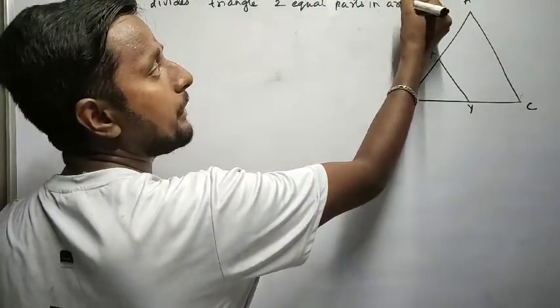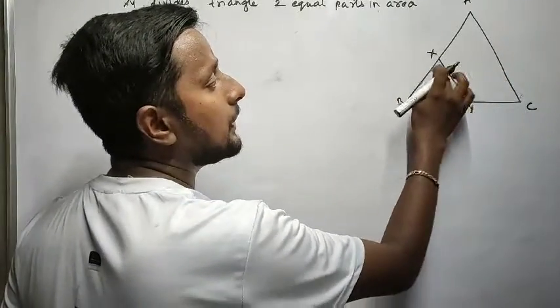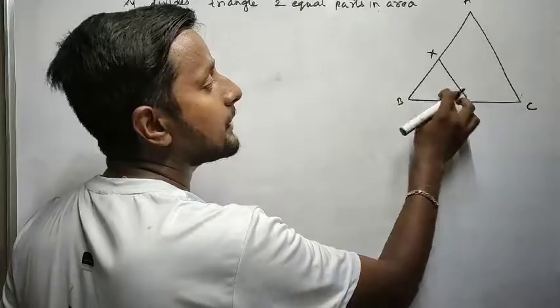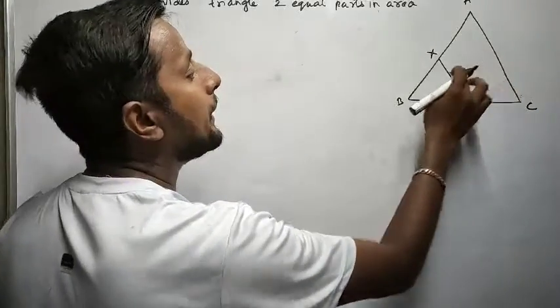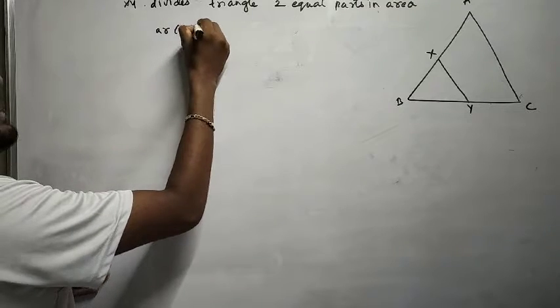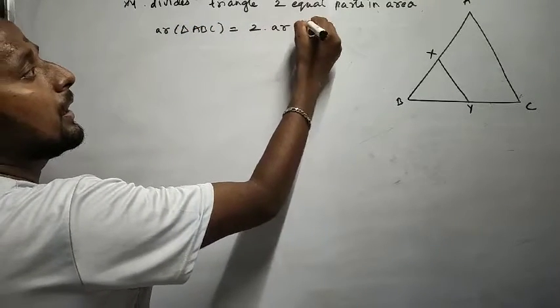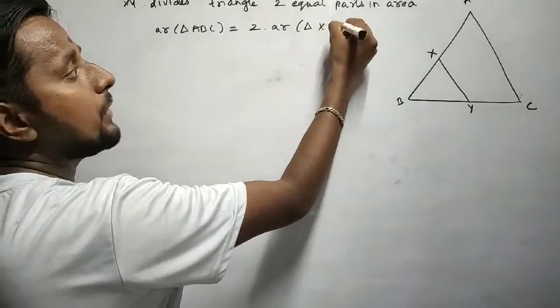Correct? So here we are talking about a triangle, right? After dividing into two parts, one of them is a triangle and the other is a trapezium. Am I right? So that's simple. I can write area of triangle ABC is equal to 2 times area of triangle XBY.